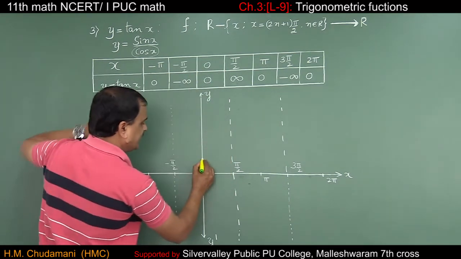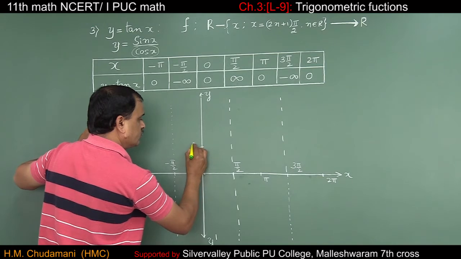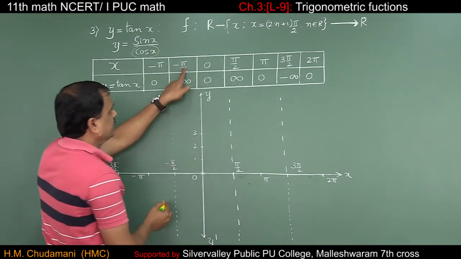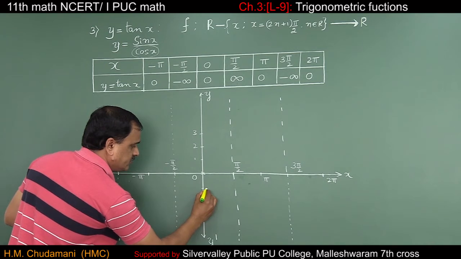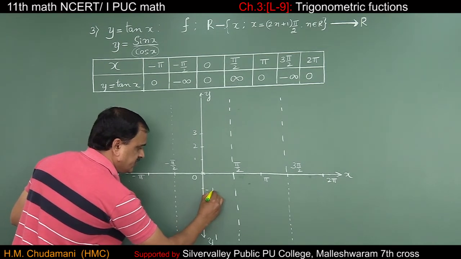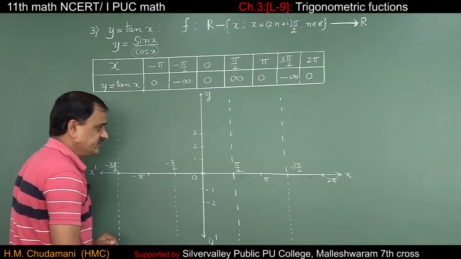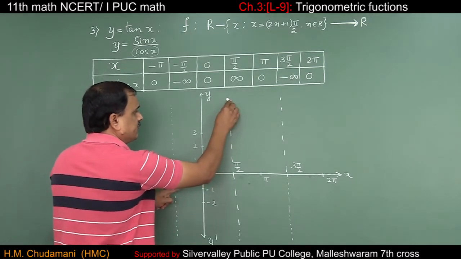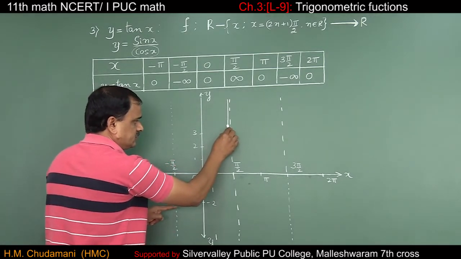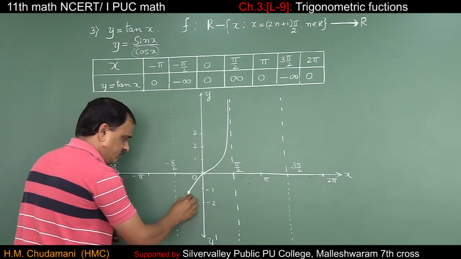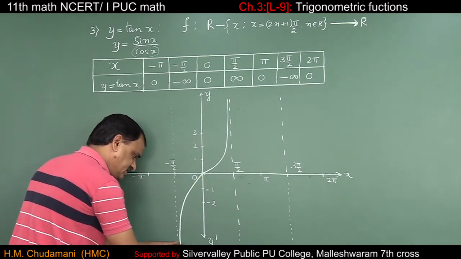See, y can take the values 1, 2, 3, 4 up to plus infinity, whereas near minus pi by 2 it is minus 1, minus 2, minus 3 and so on up to minus infinity. This is the pattern of the graph. So at minus pi by 2 it is minus infinity.